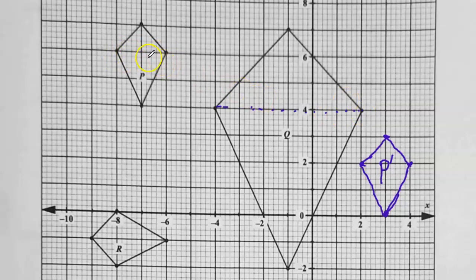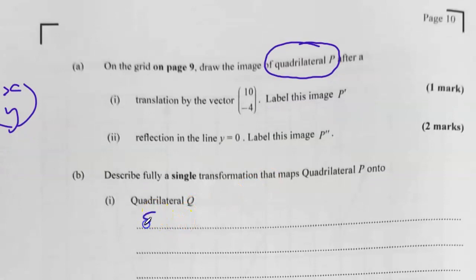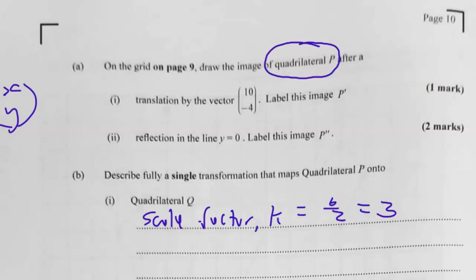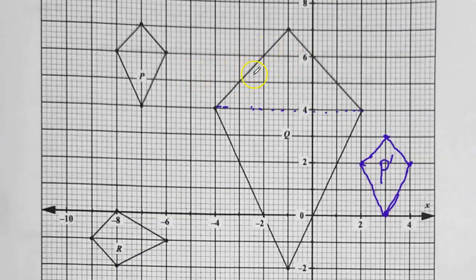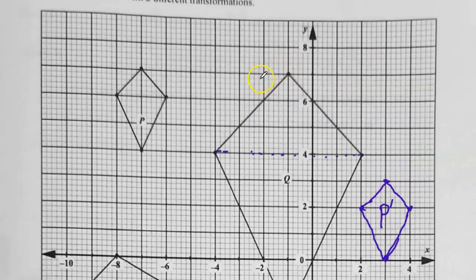So notice it was enlarged by a scale factor of 3, from 2 to 6. So the scale factor K is 3. Notice you can also use the length of two corresponding sides. We also need the center of the enlargement. Now, how do we get the center of the enlargement? We connect any two corresponding points. So we can connect these 2 points, of course, using a ruler.